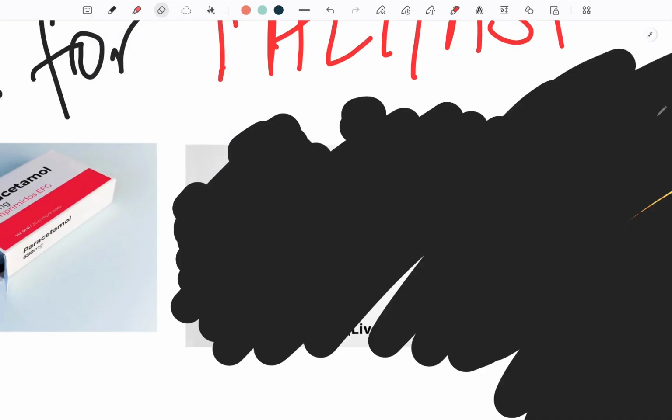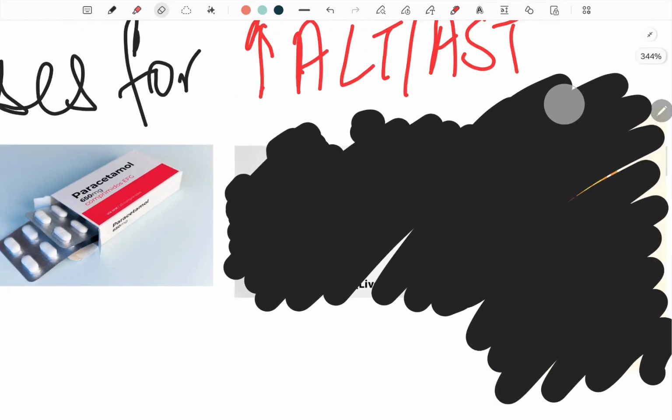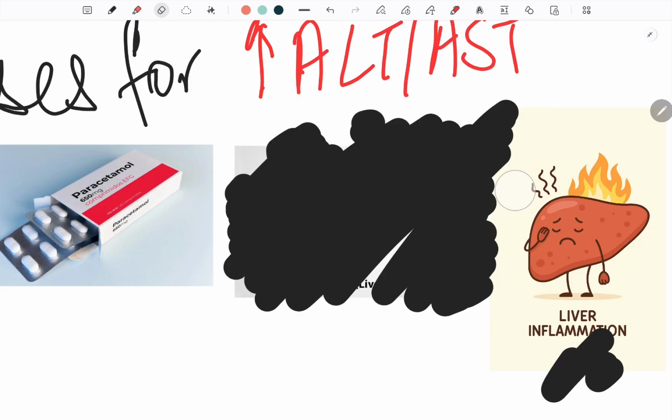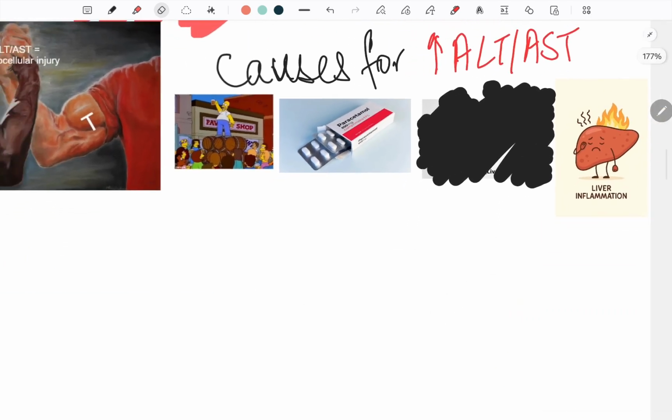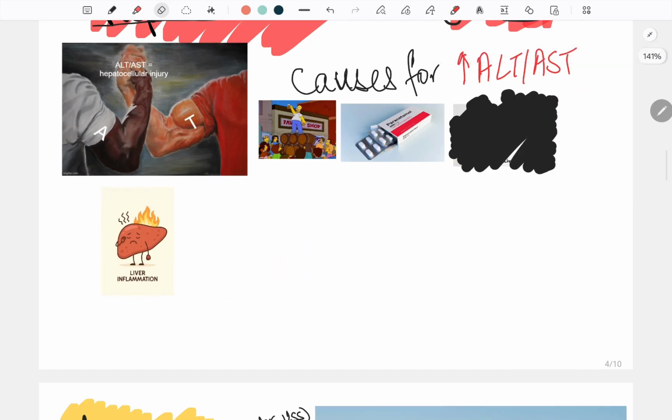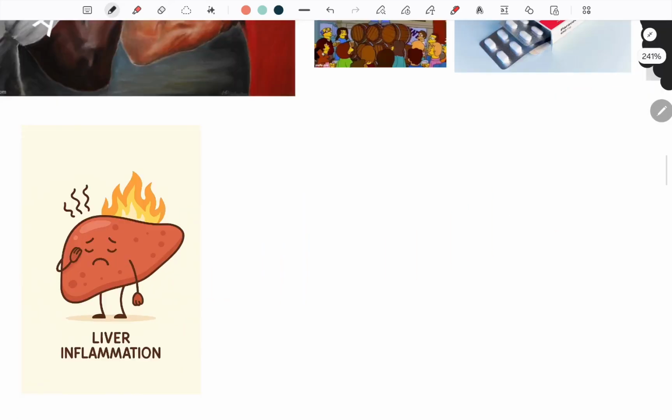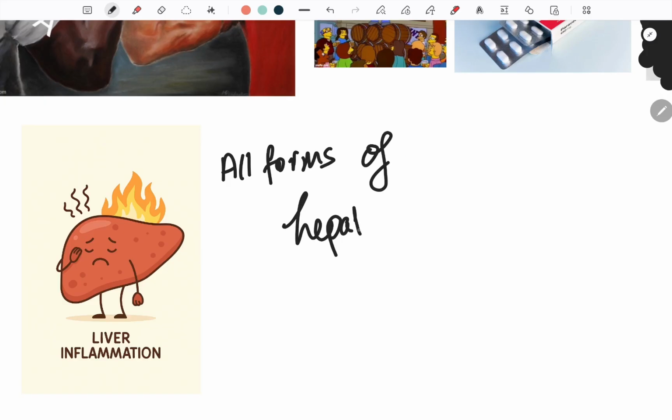Okay, and the next one that I'm thinking of is liver inflammation. Specifically, I'm thinking about all forms of hepatitis.